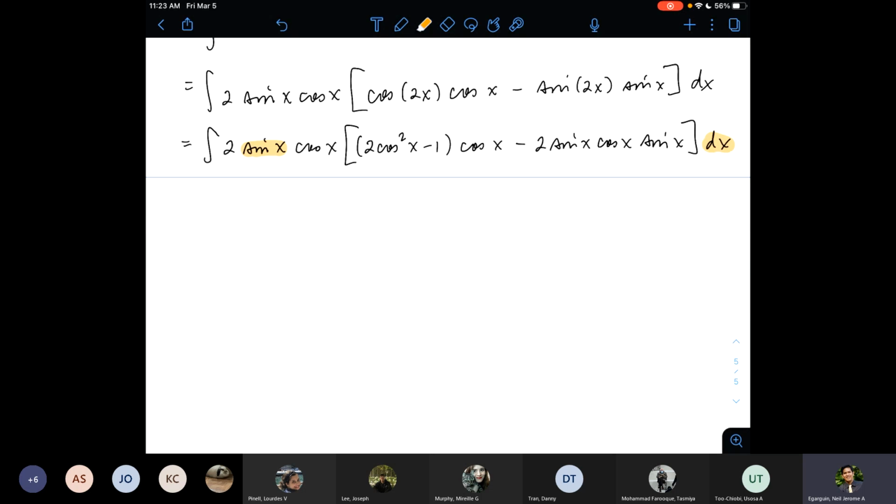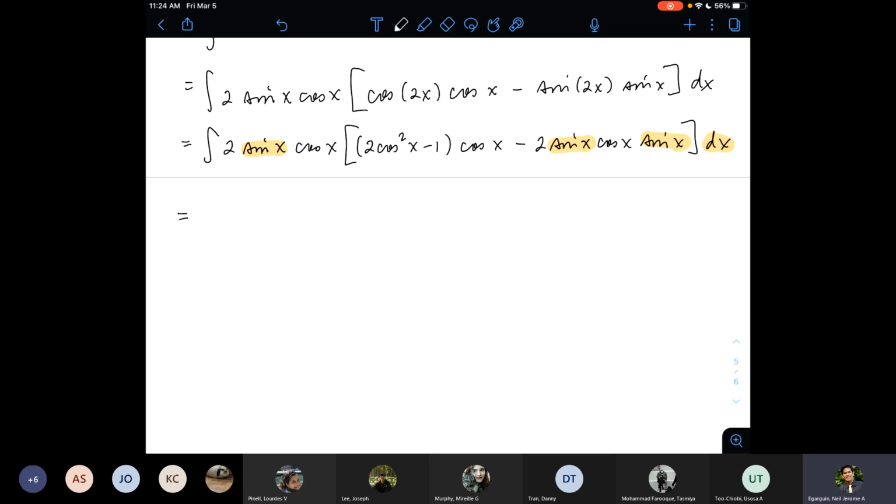So that means, aside from that, I should not see any sines anymore, right? So where can I have a sine left? If you look at this factor, there would be a sine x here and a sine x here, but that's a good thing because when you multiply, that's going to be sine squared, and I can write sine squared using the Pythagorean identity as 1 minus cosine squared. And then I can do the u substitution, right?